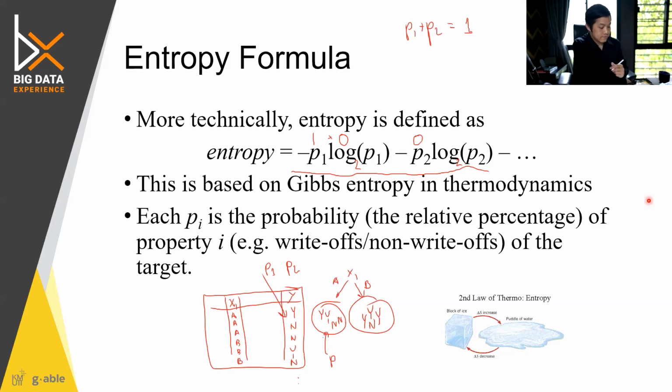And 0 times whatever, log P2 would be actually approaching minus infinity. But 0 multiplied by anything would be 0. That means now you have the value of entropy. If P1 equals 1, then entropy would be 0. Not the highest, but this value would be the lowest.